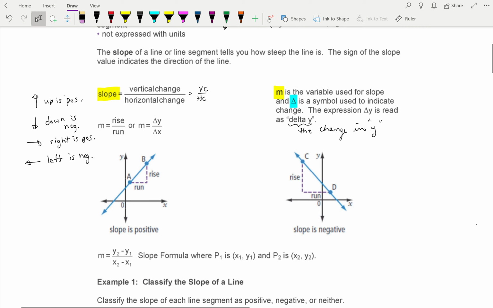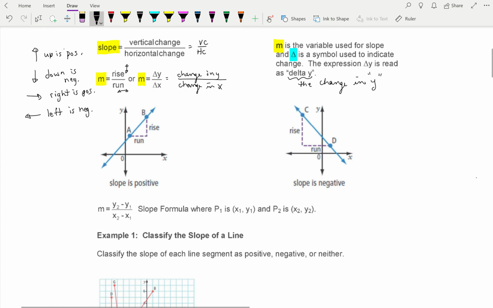Okay, so now we can go back to here. We see the variable again. Slope is rise over run. Okay, rise is up and down again. Run is left and right. Or we can say that the slope is the change in y, delta y, over delta x, which is change in x.